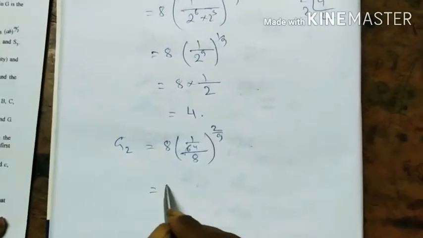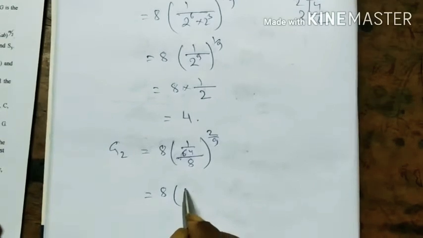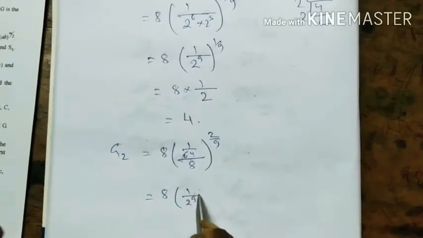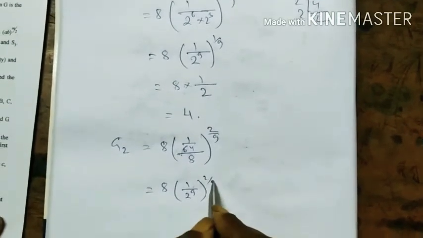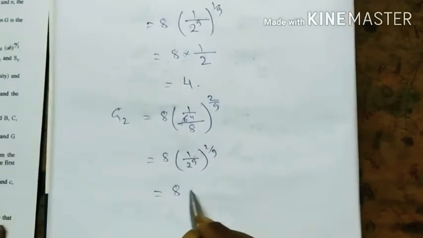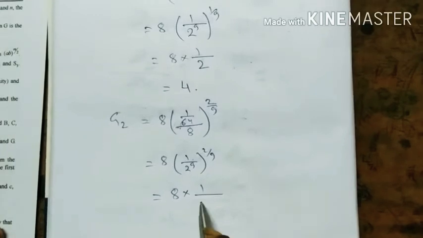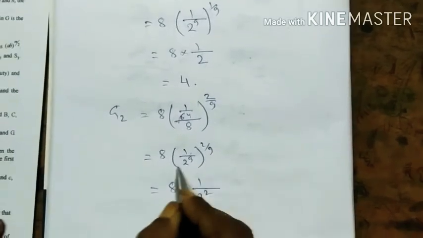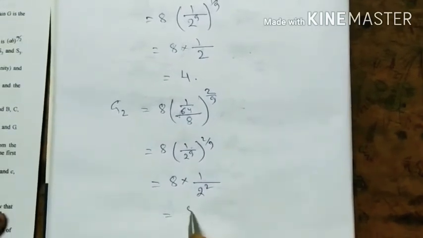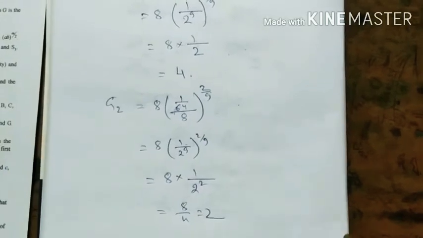So this will be equal to 8 into (1 by 2 to the power of 9) to the power of 2 by 9. So this becomes 8 into 1 by 2 square, 9 and 9 cancel. So 8 by 4, this is 2.